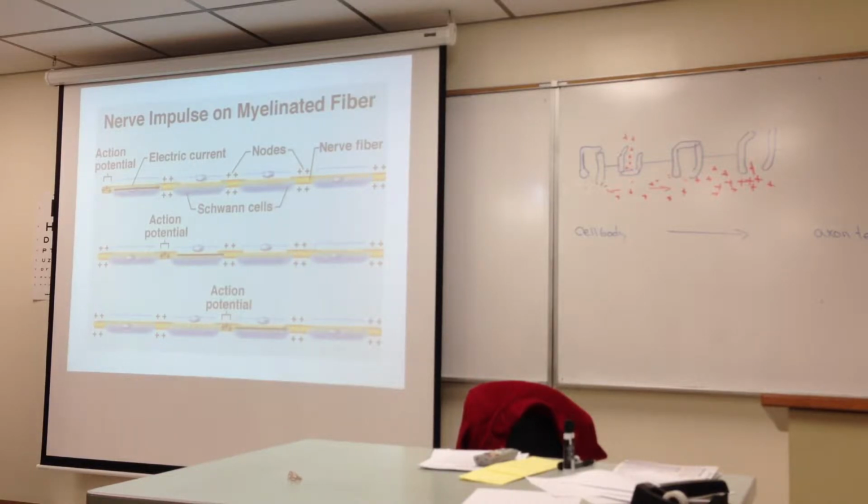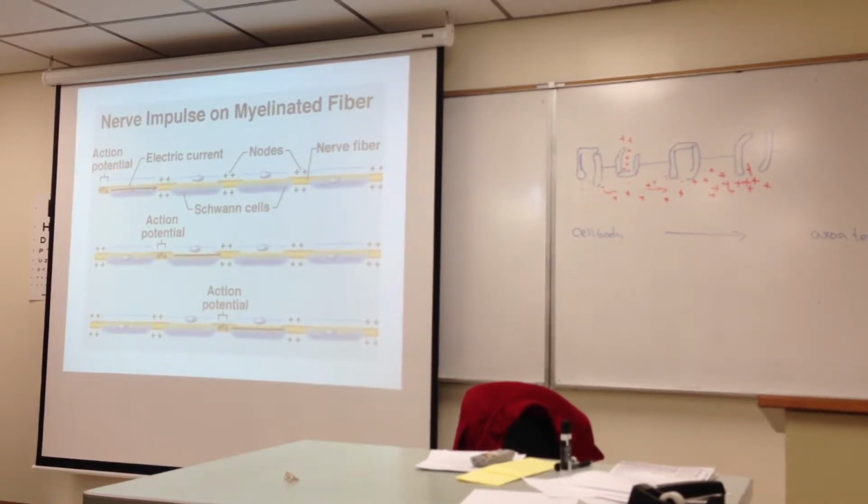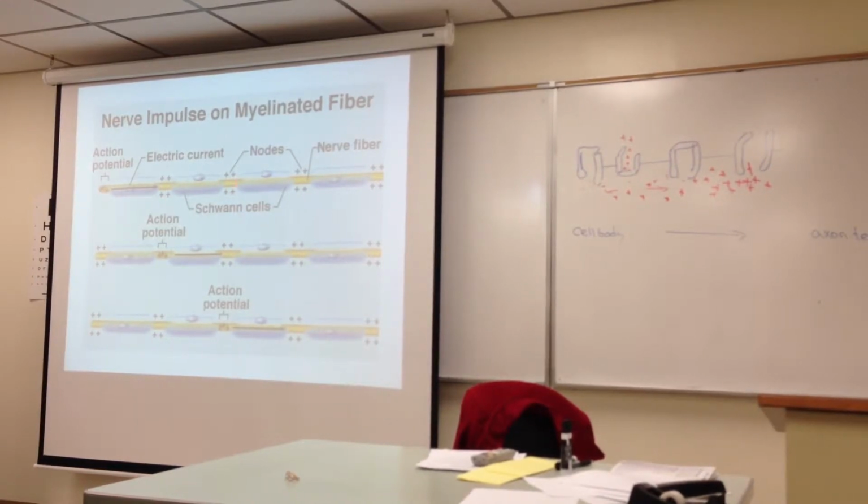Certainly a myelinated neuron is going to allow the transmission of the current at a faster rate, because the ion channels that have to open are found along the membrane only at the nodes, and the current flows much more rapidly straight down without having to regenerate itself all the way along.